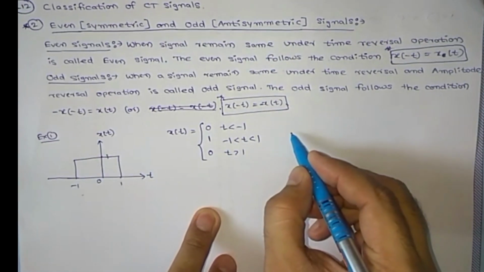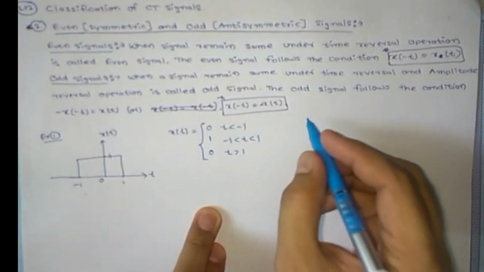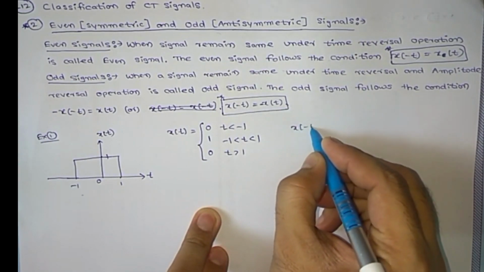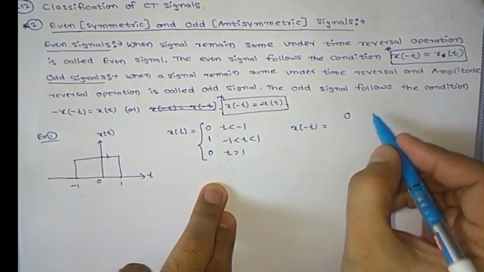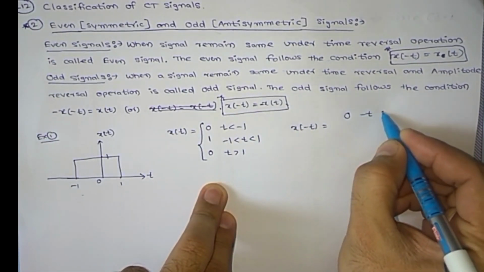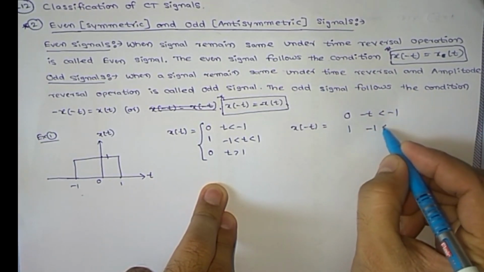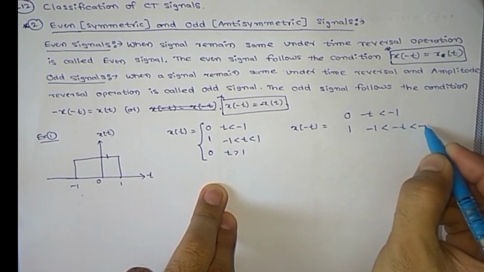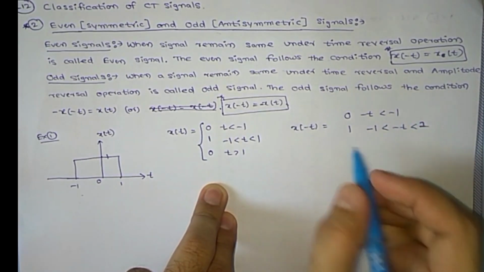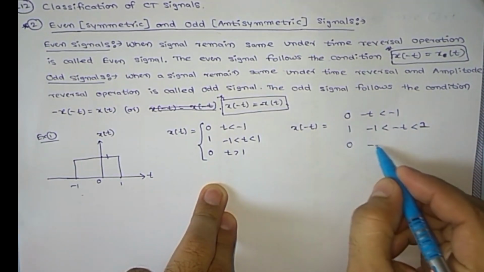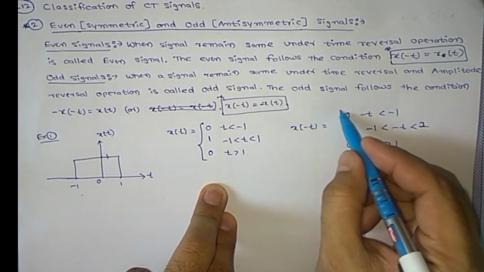In this x of minus t, wherever the t is there, you need to replace it with minus t. X of minus t is 0 for minus t less than minus 1, and 1 for minus 1 less than minus t less than 1, and 0 for minus t greater than 1.